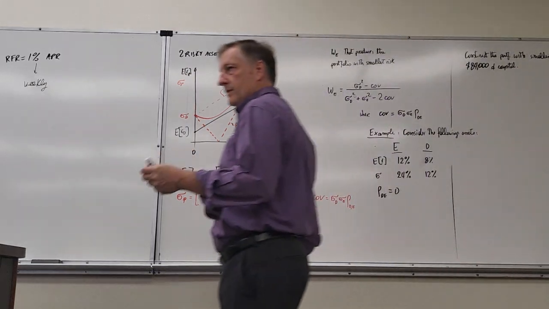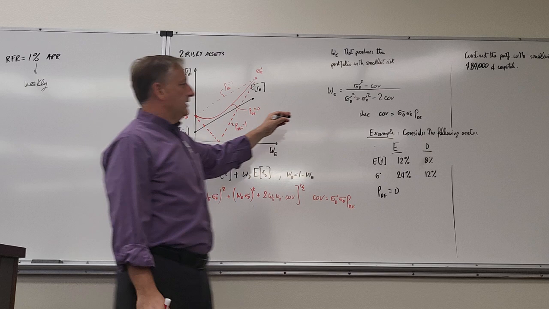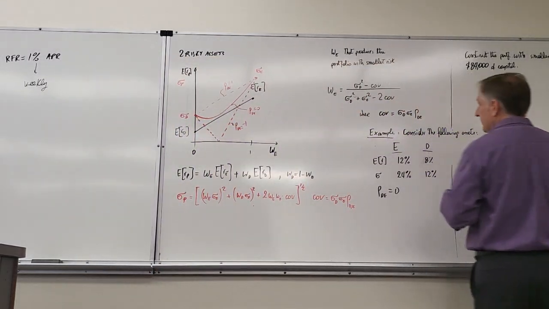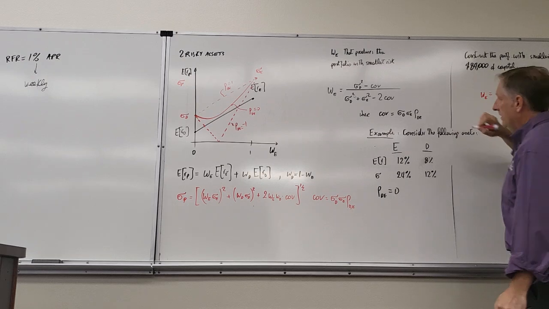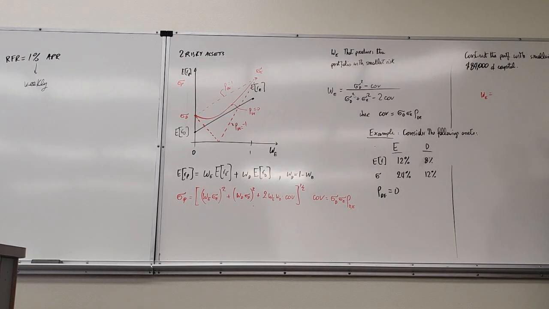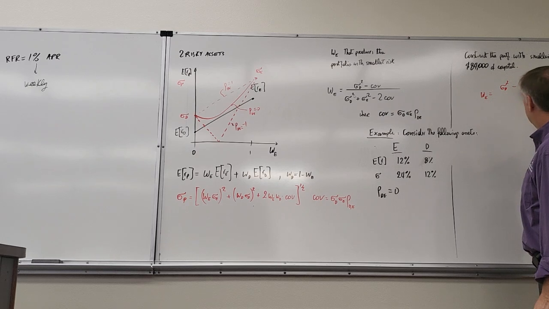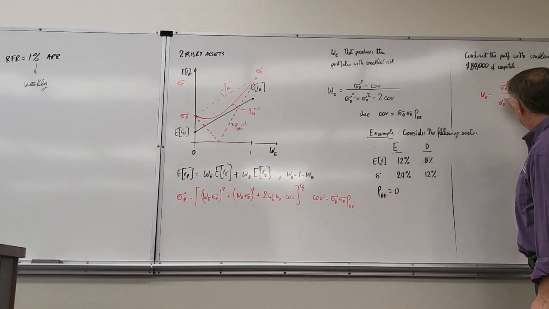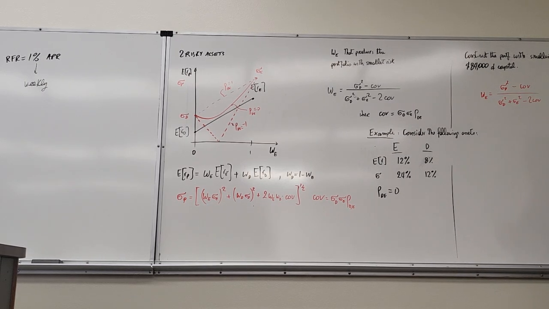Plug those values into the formula. You know the characteristics of the two assets. You know the formula that gives you the weight of the portfolio with the smallest risk. Then plug in the values.